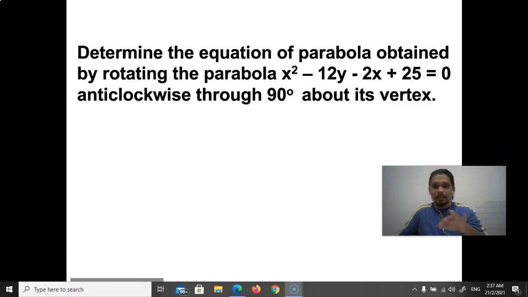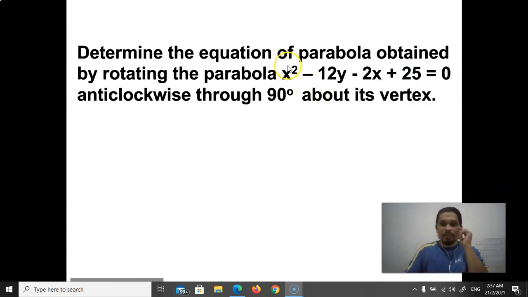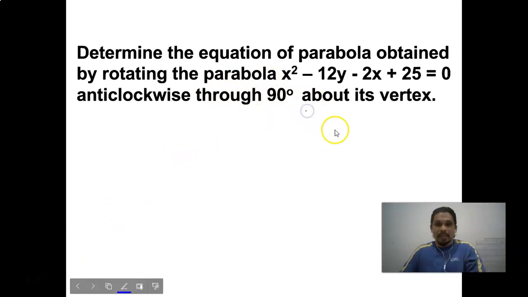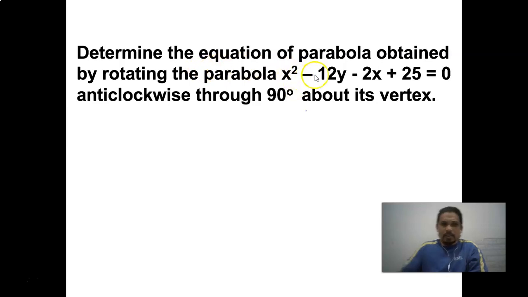Okay, determine the equation of the parabola obtained by rotating the parabola anti-clockwise through 90 degrees about its vertex. Now class, for this question, let's take a look at this one first.